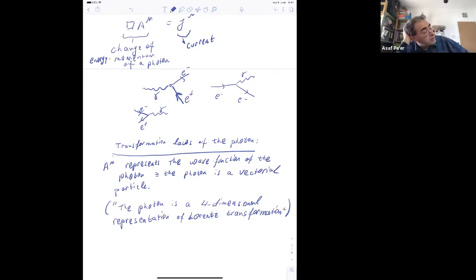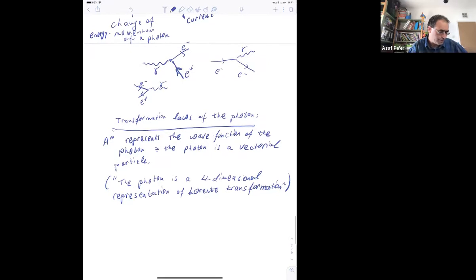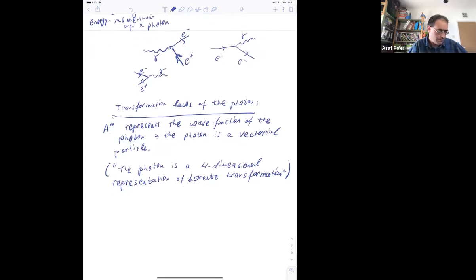Now, this is a different description than the description of a scalar function. I gave you the example of a temperature, which I can measure, and it's a scalar function. This is different than an equation of the form Lambertian of phi equal to 0, where phi is a scalar.